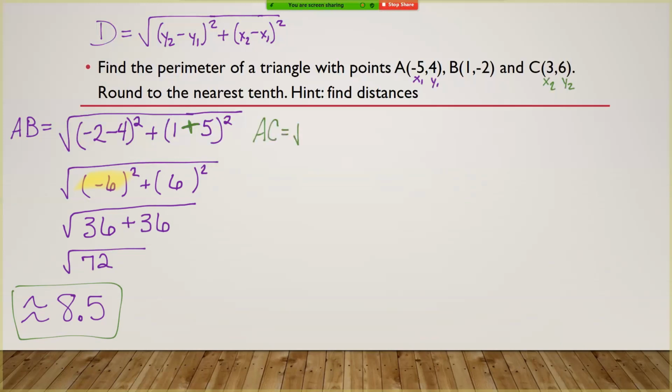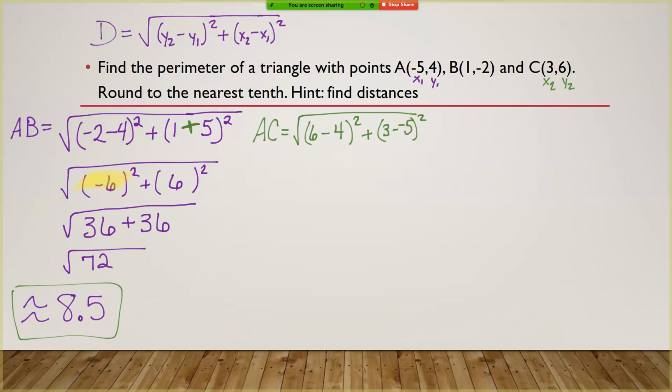So to find the distance, we're again plugging into that same exact formula. So y2 minus y1 would be 6 minus 4. x2 minus x1 would be 3 minus -5.